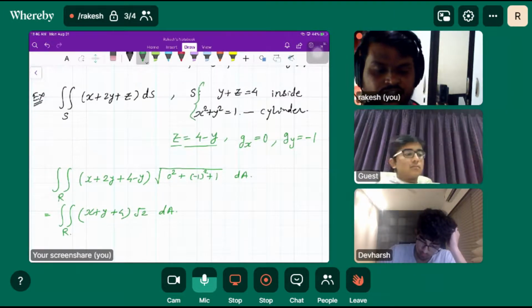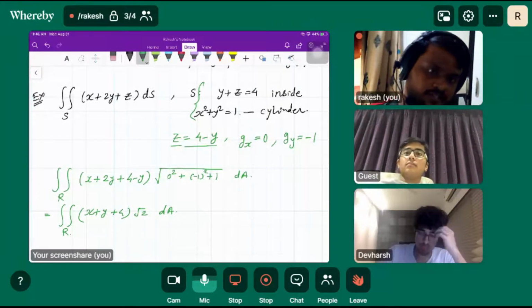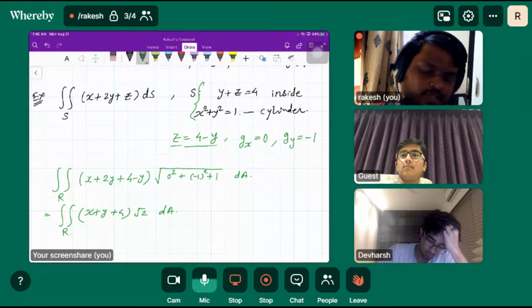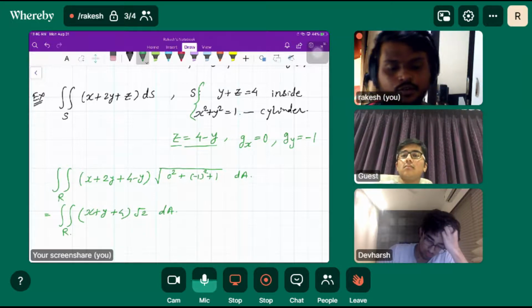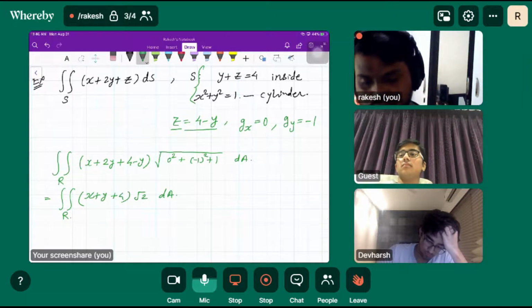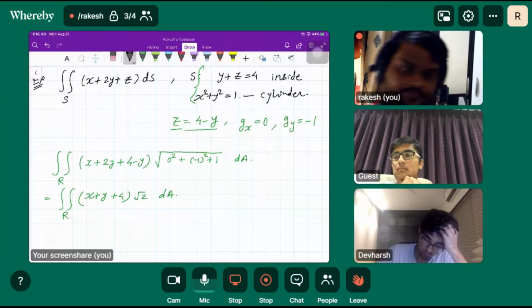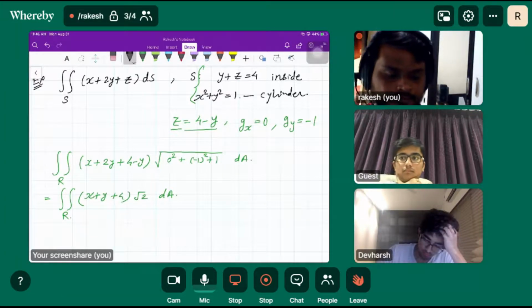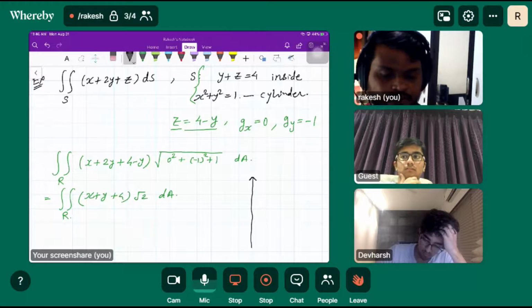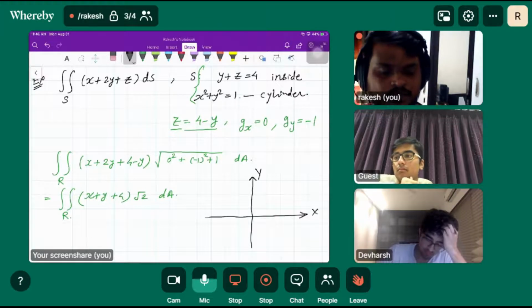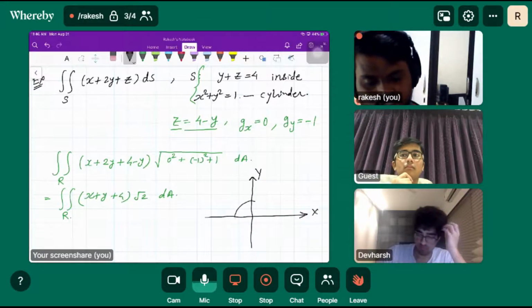The region is that which corresponds to the given surface. Our R corresponds to S, right? So y plus z equals 4, x square plus y square equals 1. Our region will be on the xy plane. So x square plus y square equals 1, that's the unit circle.